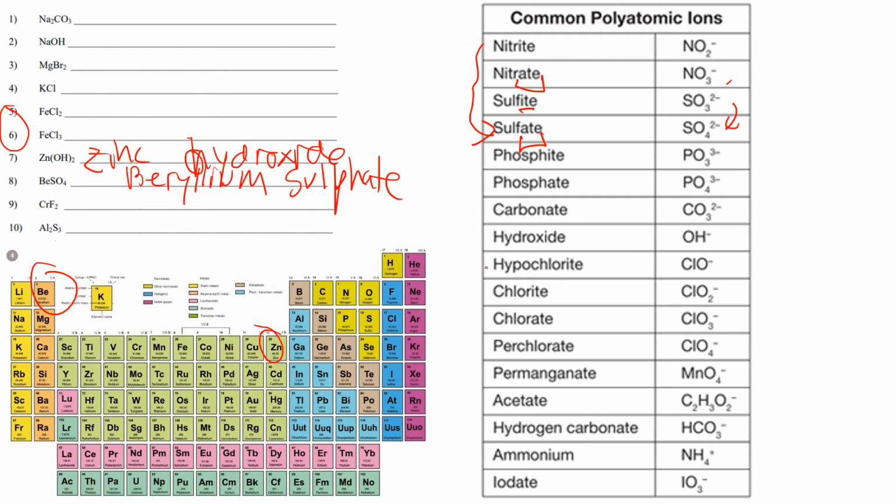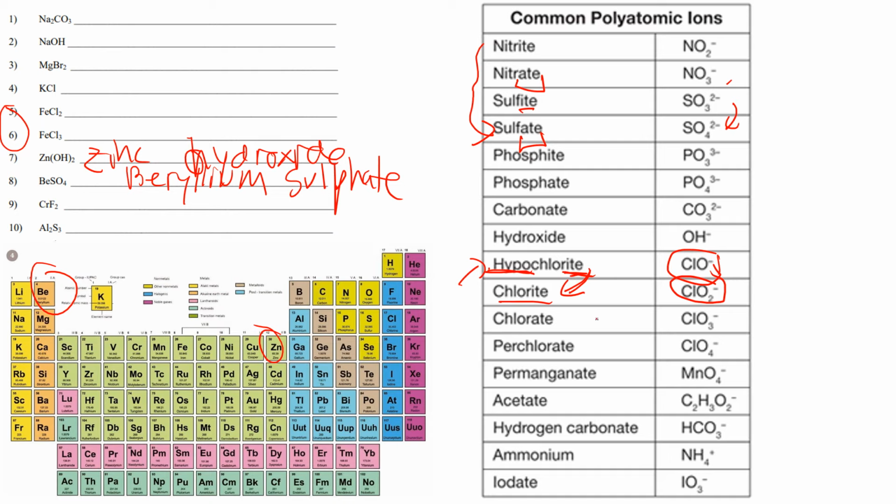Okay, there's something I should mention. Hypo means less. So it has 1 less: hypochlorite. That means it has 2 less oxygen, because ITE is 1 less oxygen and hypo is 1 more less oxygen. So that's why hypochlorite only has 1 oxygen. Chlorite without the hypo just has 1 less oxygen.